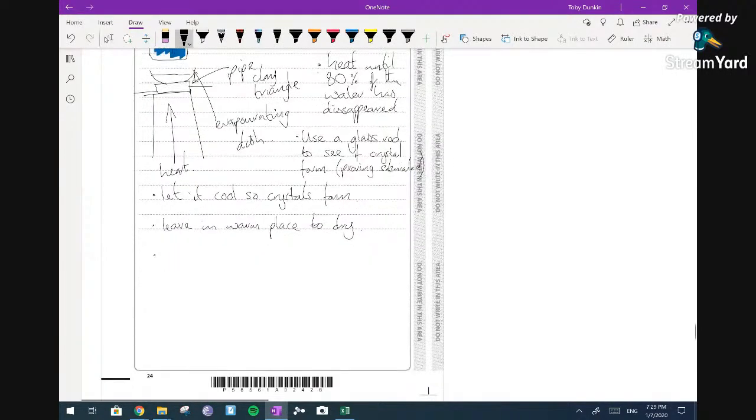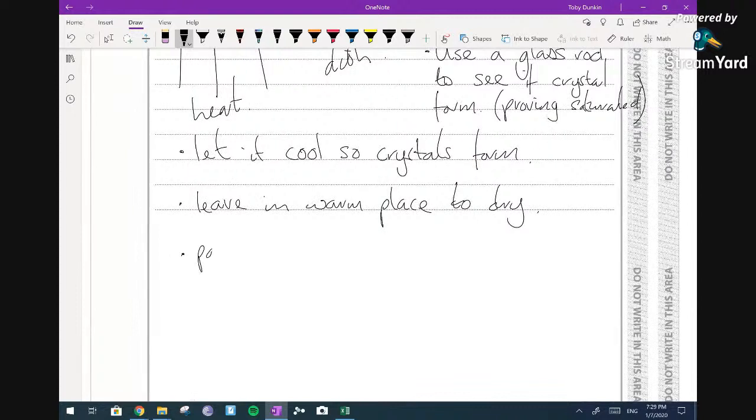Maybe, let's say, pat down with tissue paper. You don't want tissue paper, you just want paper. What would I use? I'd probably just use tissue paper. Yeah, tissue paper. To remove any last bits of water.